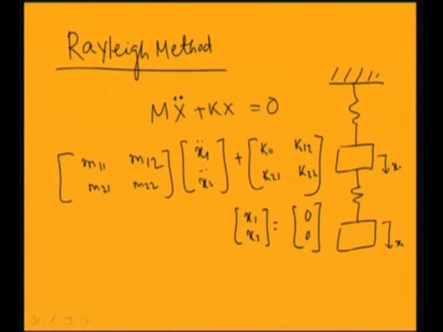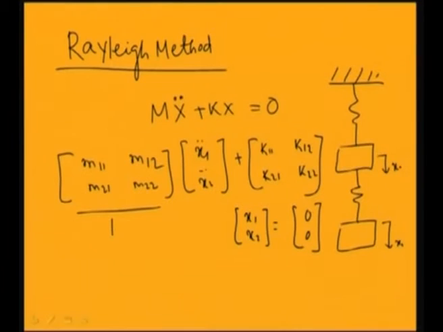Already you know that in the exact method I can find it by finding this dynamic matrix, that is M inverse K. First finding this M, the mass matrix, and this K, the stiffness matrix. By finding this M inverse K I can find the dynamic matrix A. After finding this dynamic matrix I can find the eigenvalues of this dynamic matrix.